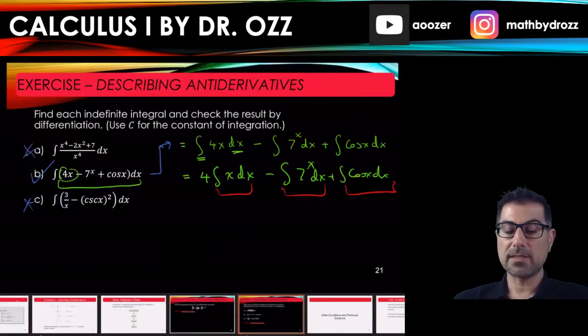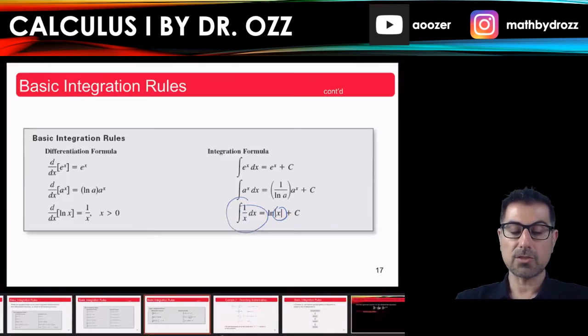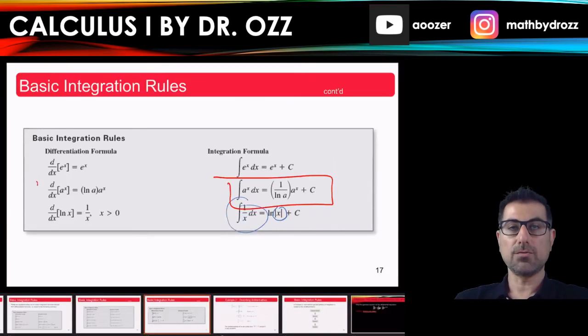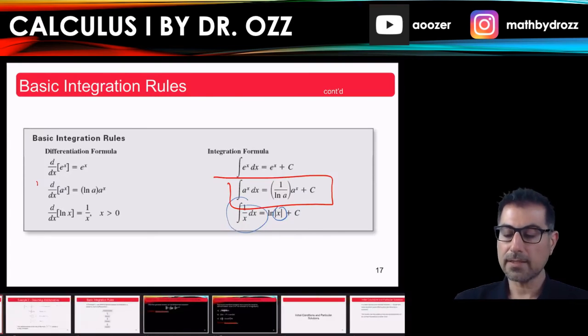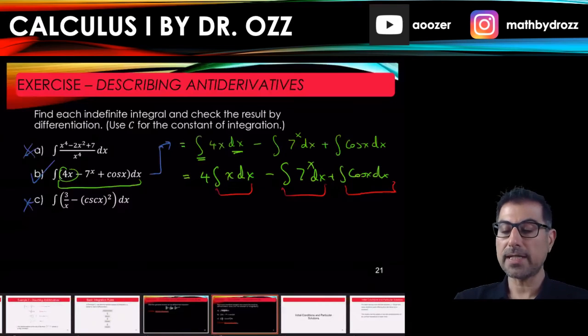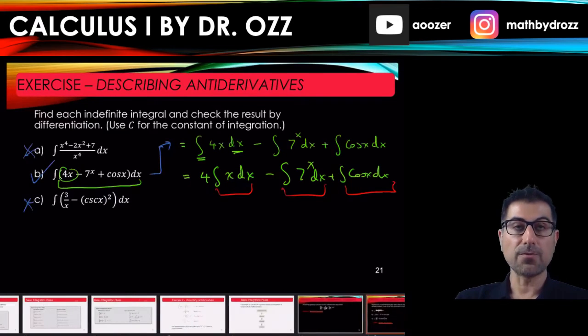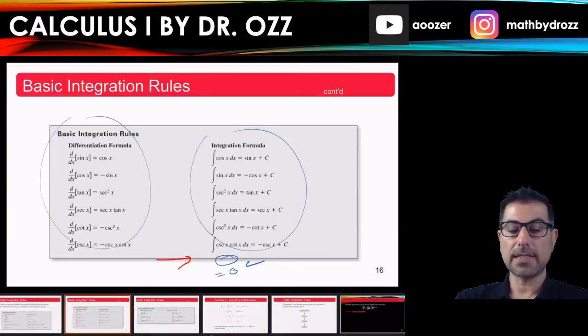And I have 7 to the x dx. I know that I have a formula for that, which is right here. The integral of a to the x dx is 1 over ln a times a to the x. I'm going to copy that down here in a sec. And as well, cosine x dx, I have a formula for that right here. Cosine x dx is sine x plus c.